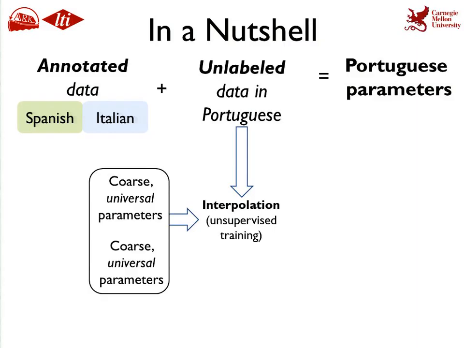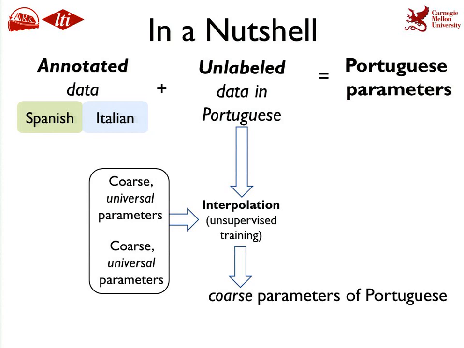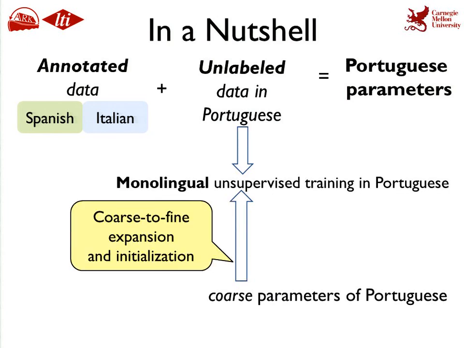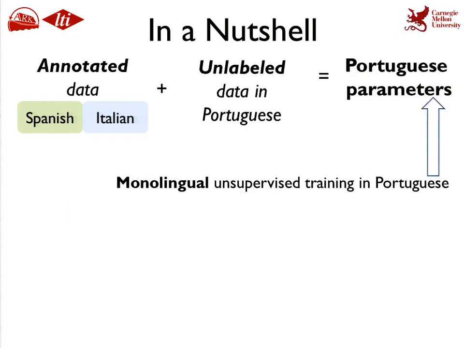Okay, so once you have the interpolated parameters, these are coarse ones, so we use those to initialize monolingual unsupervised training in the target language in terms of its fine syntactic categories, and that gives us the final parameters. So this is the roadmap. Okay, so we will go into the details of these.